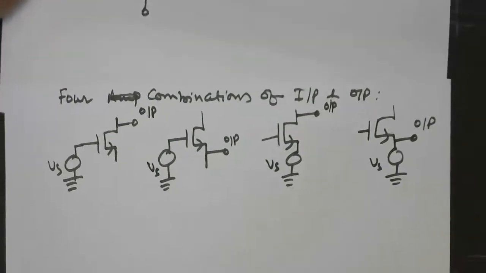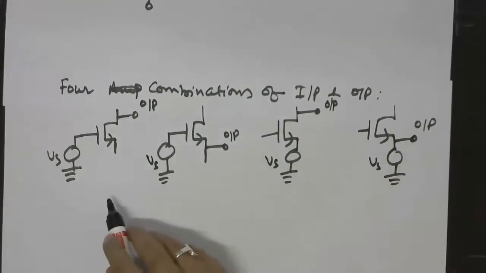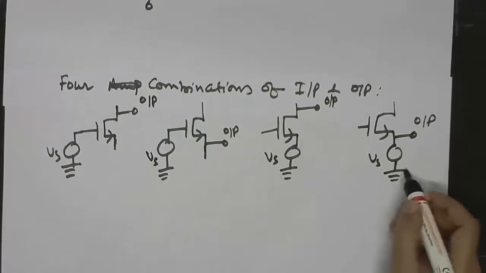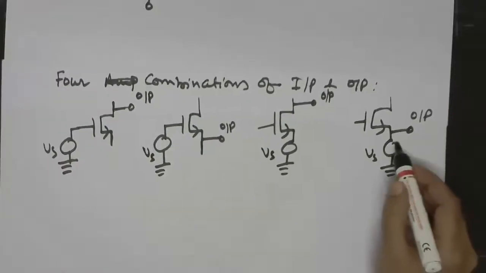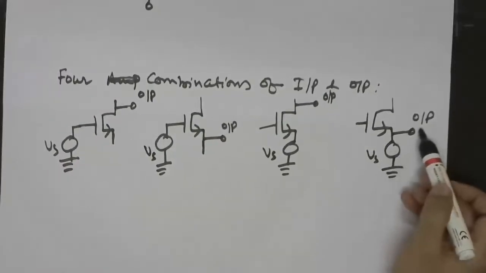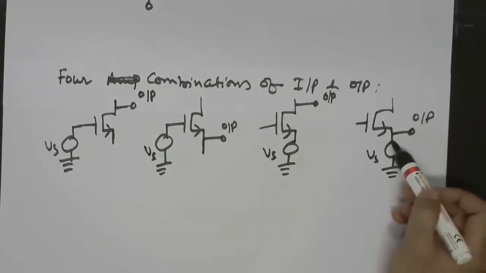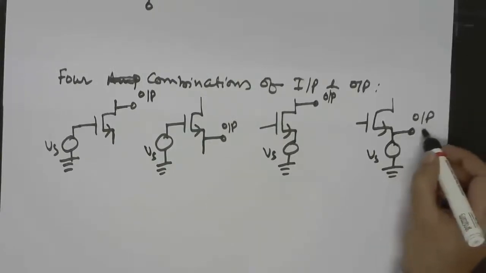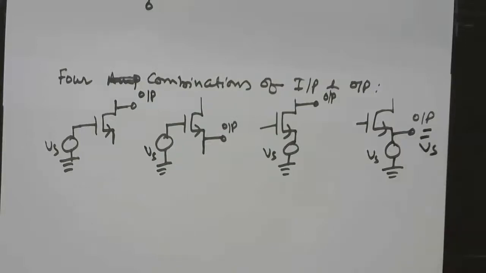Right. So out of these four configurations, you can see that this one is useless, because what you have done is you have connected your output to the source. So in this case, output will always be equal to Vs. So you are not going to get anything new from this configuration.